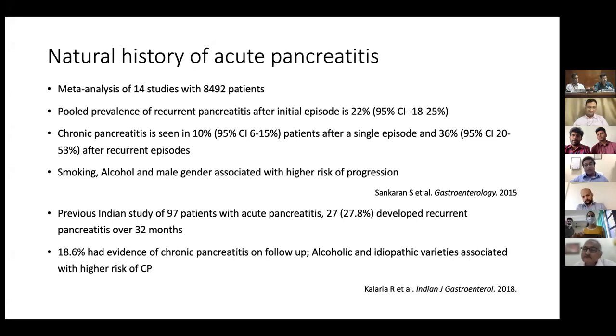So if it's mild disease, within the same admission they should undergo cholecystectomy. If they have moderate or severe pancreatitis, maybe after 2 to 4 weeks, after getting suitable imaging, maybe a CT scan or MR, when we don't have any evidence of large collections or inflammation, the patient can undergo a safe cholecystectomy.